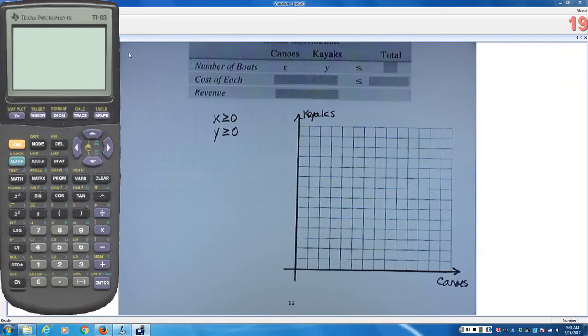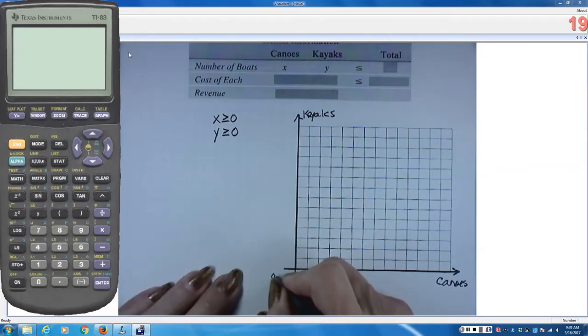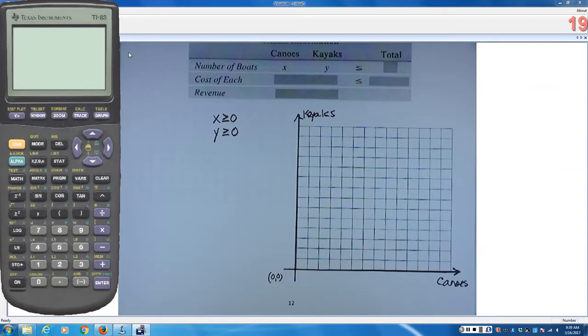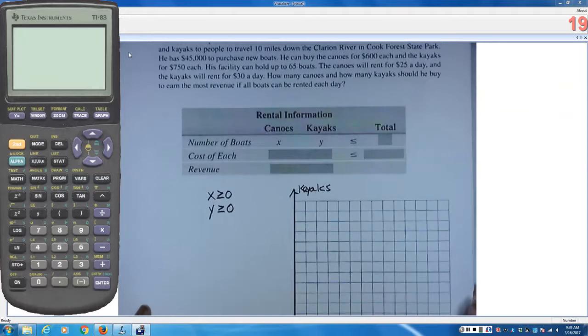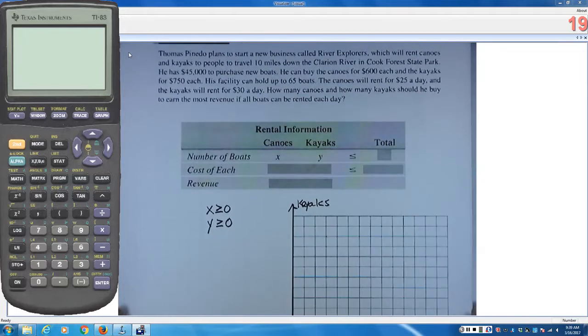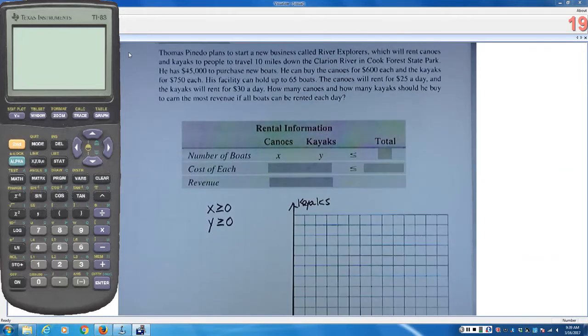They both start at the origin, which is 0, 0, and we've taken care of that part of the restriction. Then we go on to read some more. One thing about these kinds of problems is you're going to have to read them at least twice, maybe 3 times, to get your information picked out.